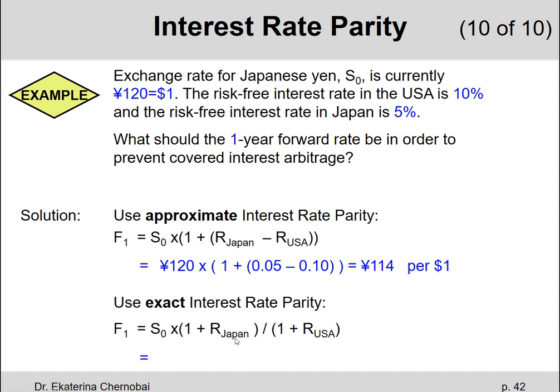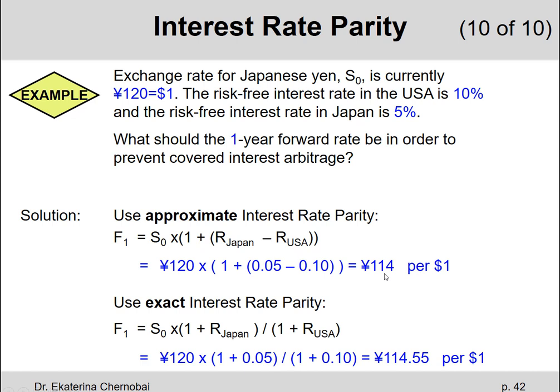When we plug in our numbers into this formula, we have 120 times, open parenthesis, 1 plus 0.05, close parenthesis, divided by, open parenthesis, 1 plus 0.1, close parenthesis, which gives a slightly different answer, 114.55 yen per $1. So the two answers are very, very close.